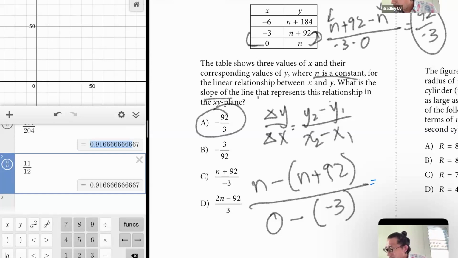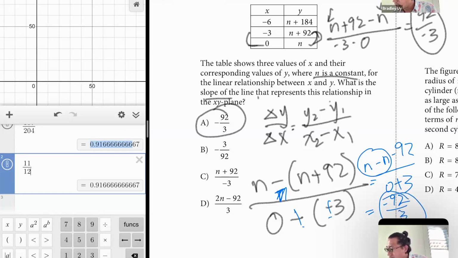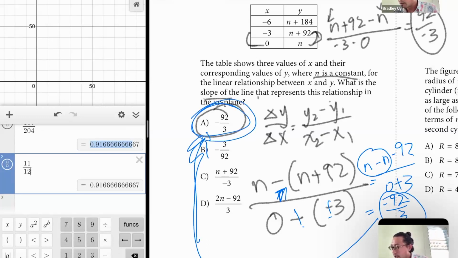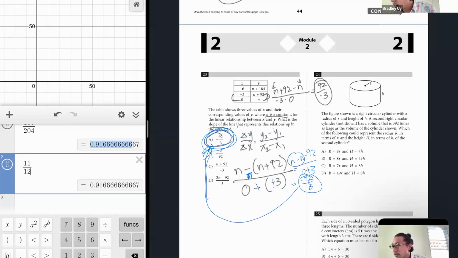If you distribute the negative, you get n minus n minus 92 over 0 plus 3, since subtracting a negative is like adding a positive. The n's cancel, so you have -92 over positive 3, which is still -92 over 3, answer A. All right, 24.